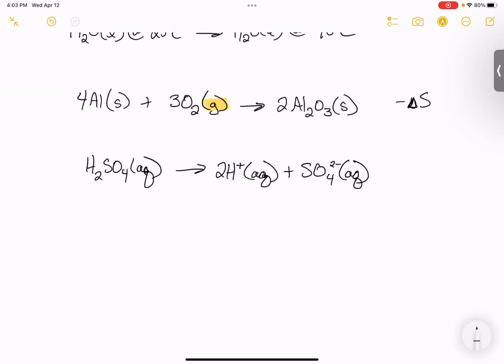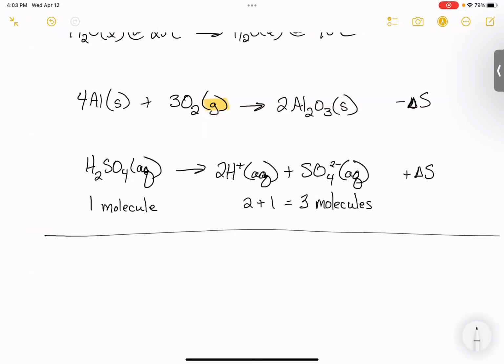This one is a positive delta S. This is the prime example of when counting the number of molecules happens, because over here you have one molecule, whereas over here you have 2 + 1, or in other words, 3 molecules.